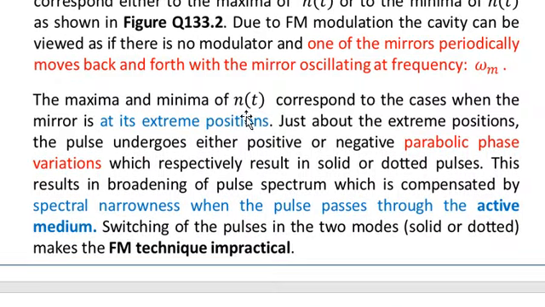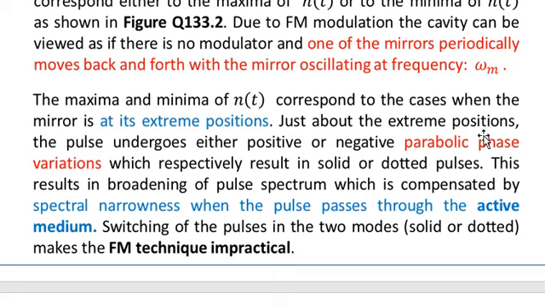The maxima and minima of n of t correspond to the cases when the mirror is at extreme positions. That is, the mirror is either closest to the second mirror or farthest away from the second mirror.